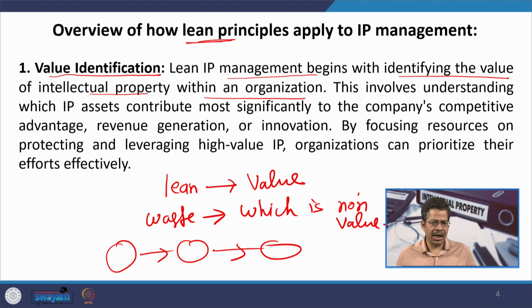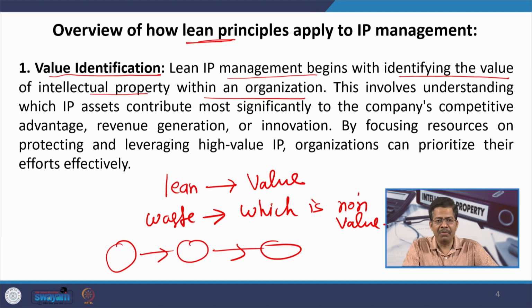Many startups I have seen personally are not going for any kind of IP protection, and the major reason is that they do not see any value in doing IP protection. The other argument can be that it may be because of lack of awareness, because those who understand IP feel that IP is always going to add value to your organization. But a large number of startups in our country are not doing any kind of IP protection because they do not perceive any value coming from IP.